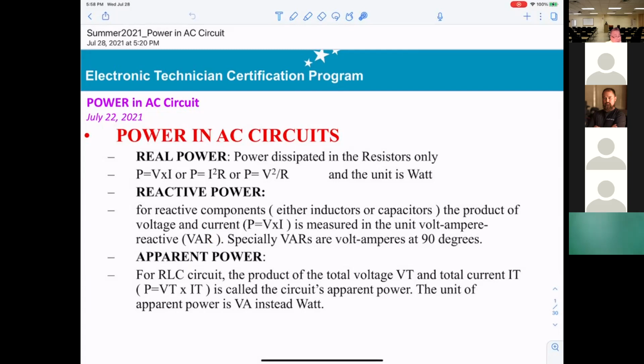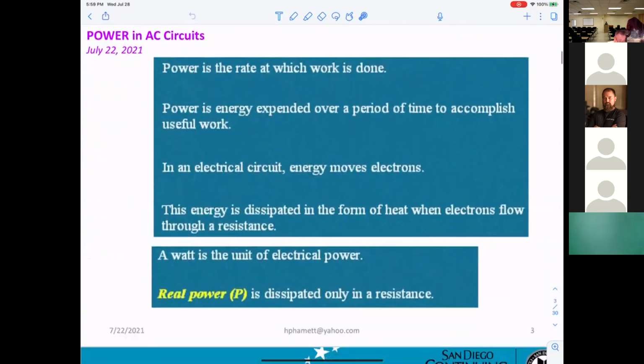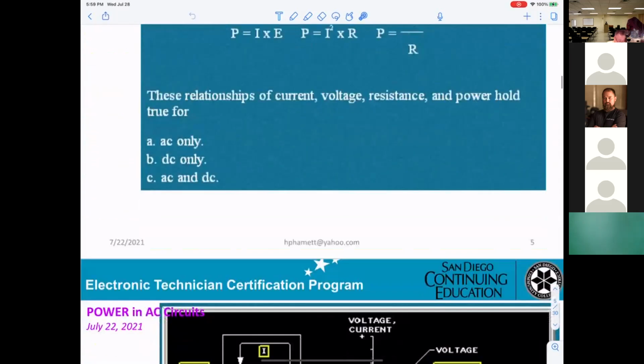And if the circuitry combines RCL, you get the power they call apparent power. Okay? And the unit will be VA, voltage ampere. Okay?